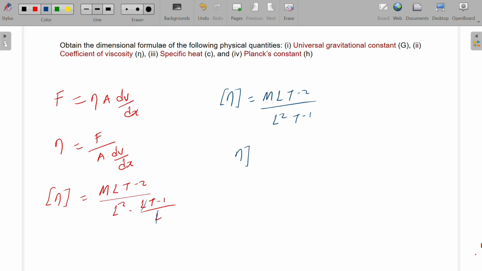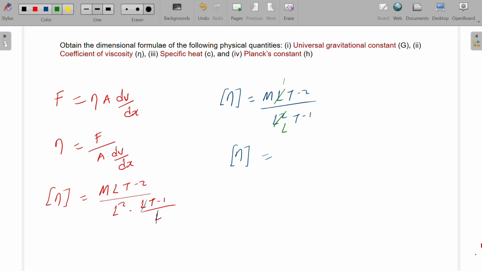Again, at this stage we still have like terms. We have T to minus 1 and T to minus 2. We have L on top and L squared down here. So let's see what cancels. L will go once there, leaving a 1. It will go once here, leaving L.